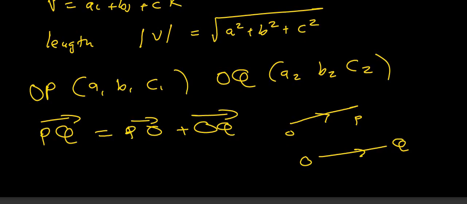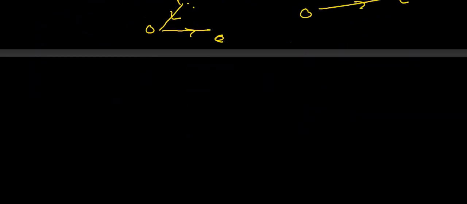So if you want to get PQ, we have to reverse this. We have to start from P going to O, then go from O to Q. That's when we can make the whole thing that gives us PQ, from P to Q. So we reverse the first one that we had, and we sum up the whole thing.